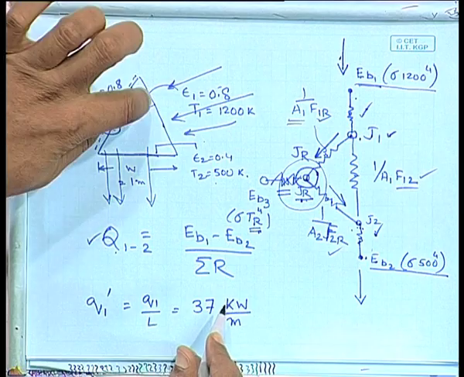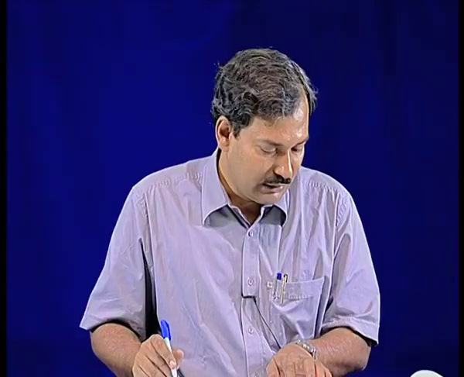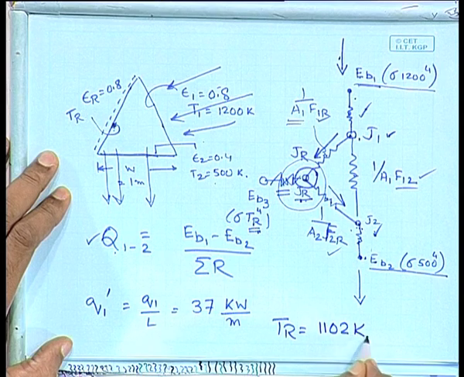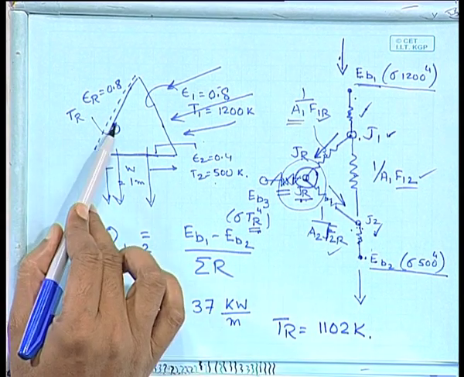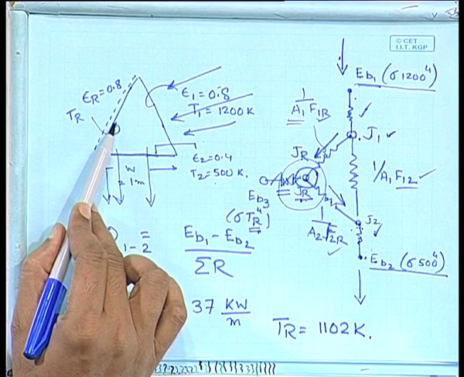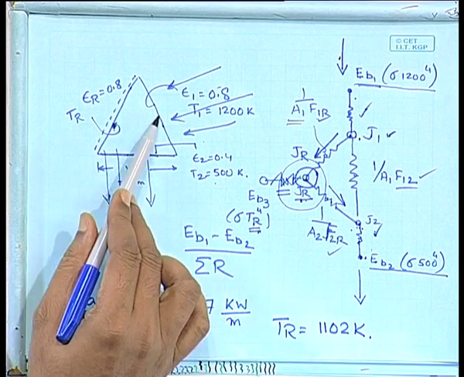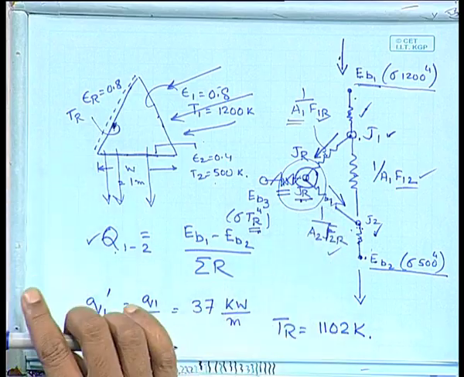That is the amount of energy you are adding to surface 1. And the temperature of the insulated surface is equal to 1102 Kelvin, okay, which is expected. It is insulated, so its temperature must lie between this one and this one. So, that is what you have.